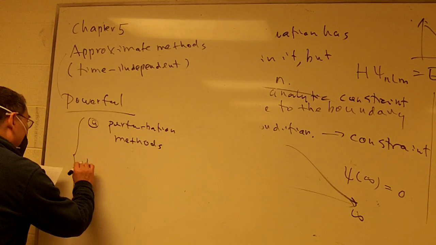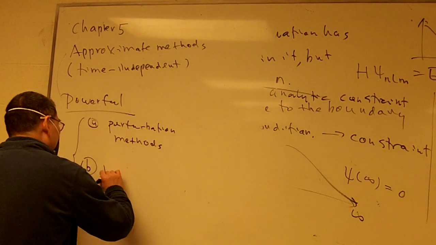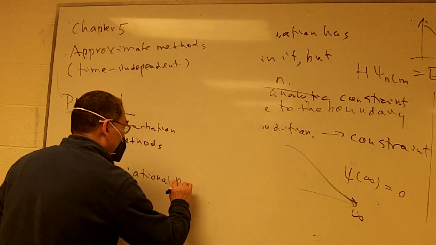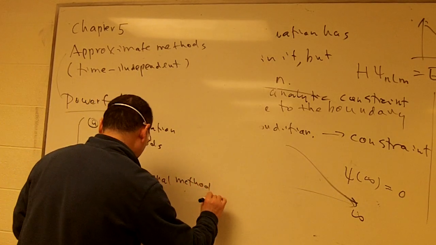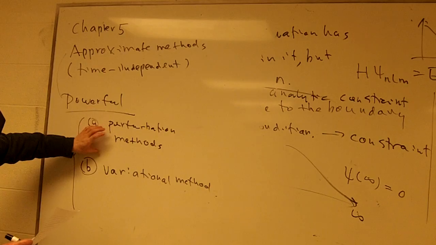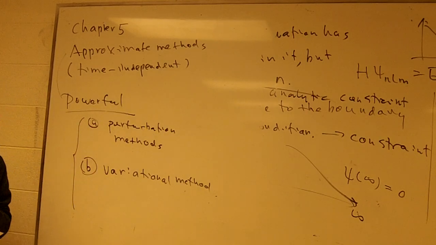The second method, I hope we have time to do that, is called the variational method. They have a different take on that. One is called the perturbation method, and the other is called the variational method. They have a different undertaking involved.